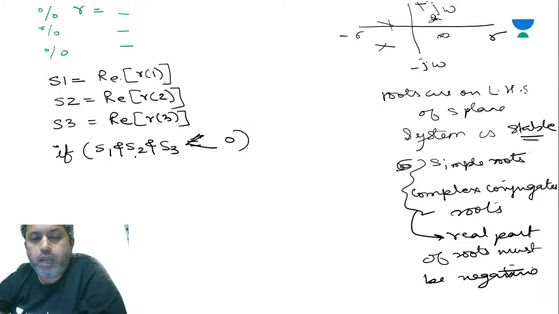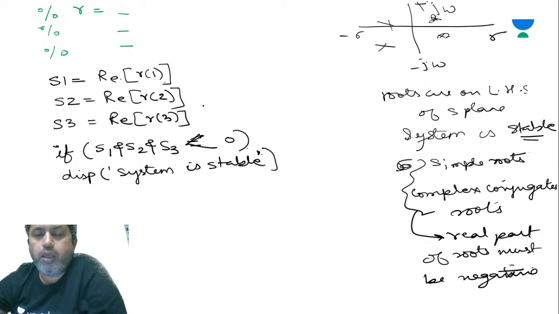If S1 and S2 and S3 are less than 0, display system is stable.